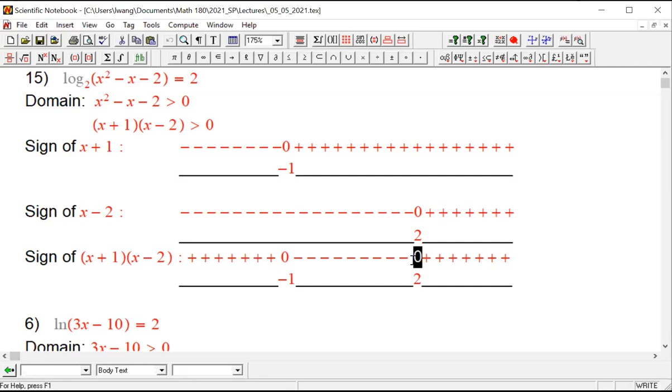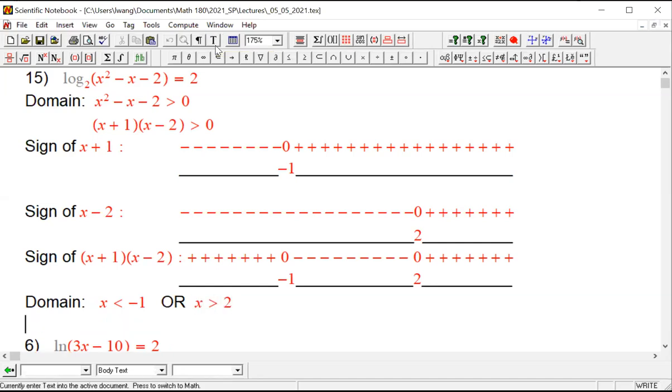So what is the solution to that inequality? So the domain is what? X less than -1 or x larger than 2, right? Did you get that?